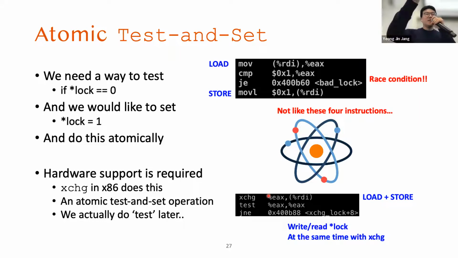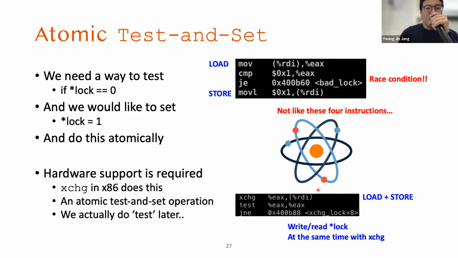It swaps the values with a single instruction, and then later we test the EAX value, which stores the previous lock variable value. If that is 0, then the current thread acquired the lock. If that is 1, it means the lock variable value was previously 1, so they cannot get in. This is how we can make load and store a single instruction and make the lock consistent for synchronization.